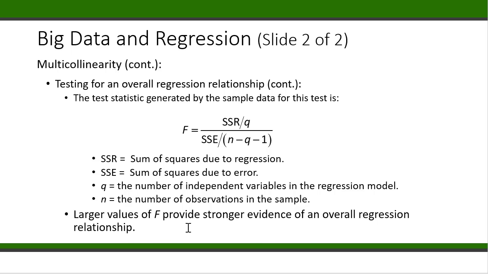The bigger the value of F, the bigger the evidence of an overall regression relationship. So you want a big number, which means you want the numerator big and the denominator small. You can also think of the denominator as a measure of the variability in the dependent variable that's not explained by the independent variables.